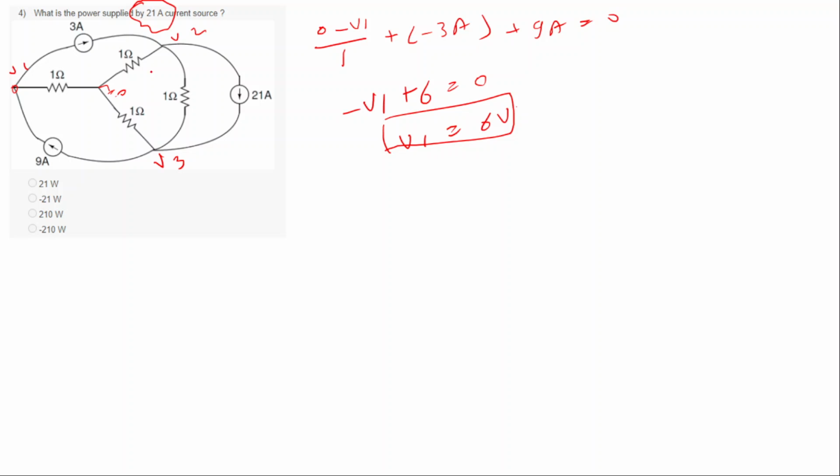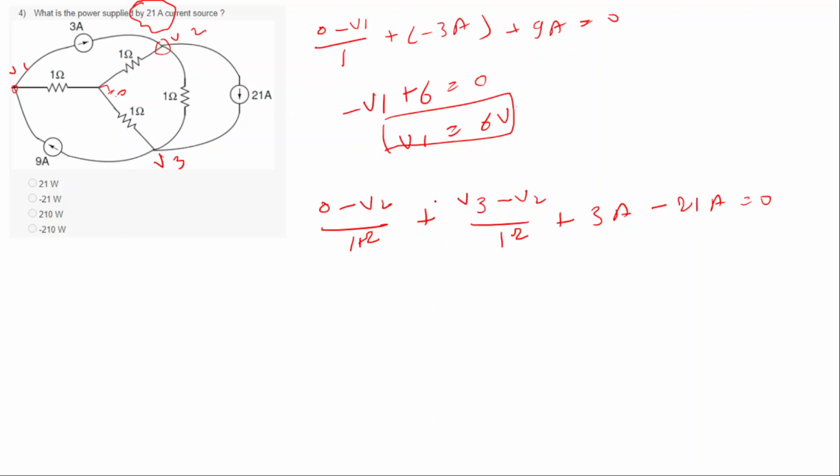Now let's apply the node voltage equation at this node. It will be 0 minus V2 by 1 ohm, plus V3 minus V2 by 1 ohm, plus this 3 ampere current is incoming, so plus 3 ampere, minus this 21 ampere current is going out, so minus 21 ampere, equals 0.